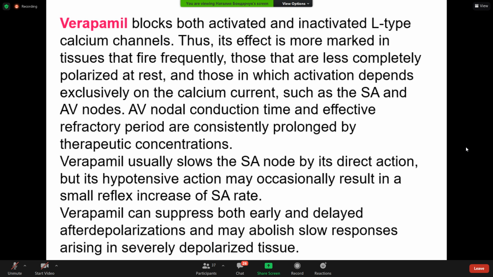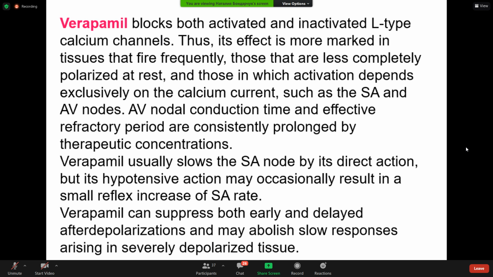AV nodal conduction time and effective refractory period are consistently prolonged by therapeutic concentrations. So verapamil usually slows the atrial rate by direct action. It inhibits calcium channels, but its hypotensive action may occasionally result in a small reflex increase of SA rate.